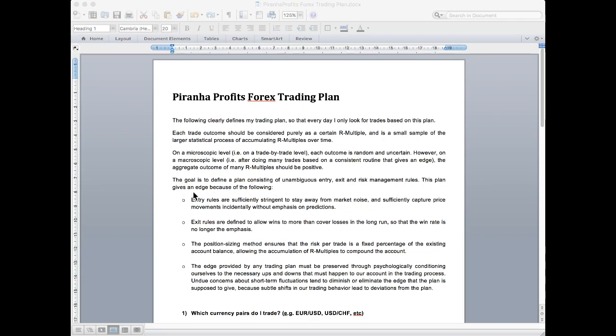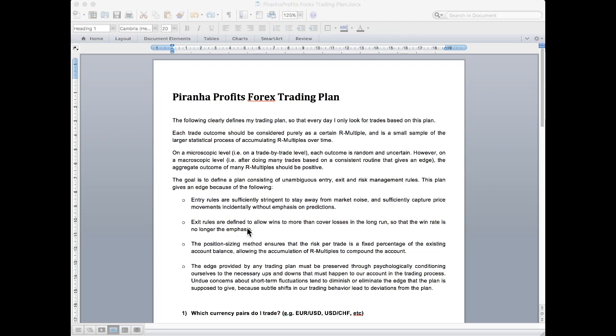This plan gives us an edge because of the following. Number one, entry rules have been given to you to be sufficiently stringent to stay away from market noise and sufficiently capture price movements incidentally without emphasis on predictions. Remember, we are not here to predict the market or the price on a trade-by-trade basis, but to follow our plan that gives us an edge.